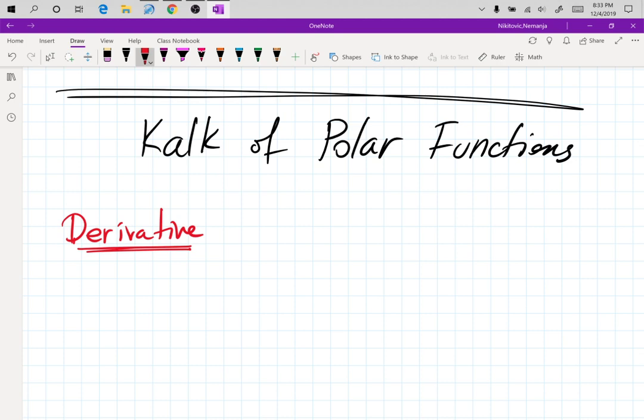Now remember how I said that the straight line that's not going through the origin is an absolute living nightmare? We don't really want to find tangent lines in polar coordinates.